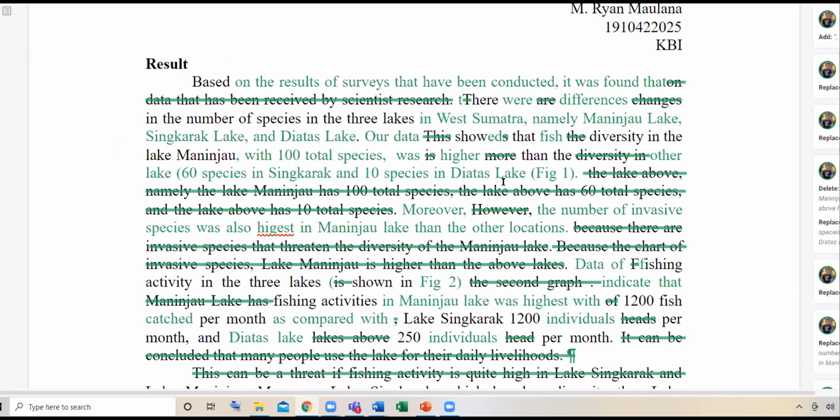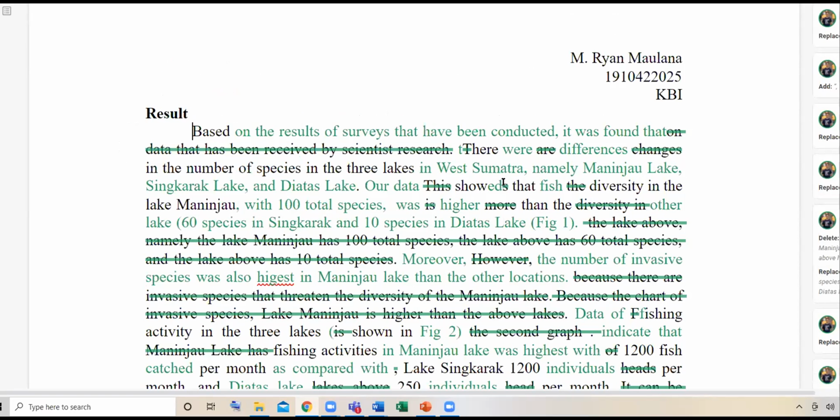And here, in the case of Ryan, we couldn't directly put the descriptions of the data, but we can start here. This is my revision of Ryan's article. The black one is the original sentence: based on the data that has been received by scientific research. That's incorrect, so we can start like this: Based on the result of surveys that have been conducted, it was found that blah, blah, blah.